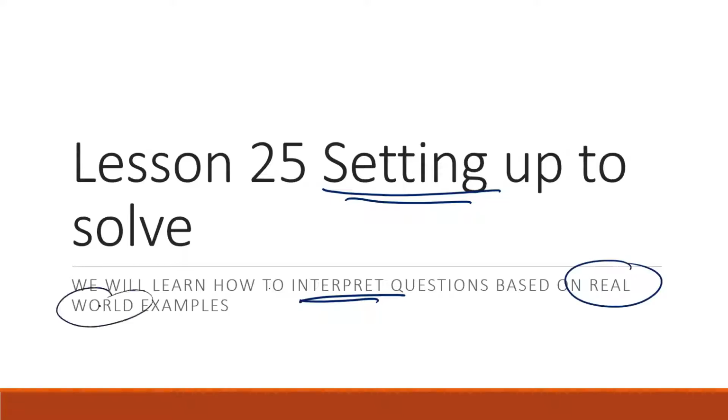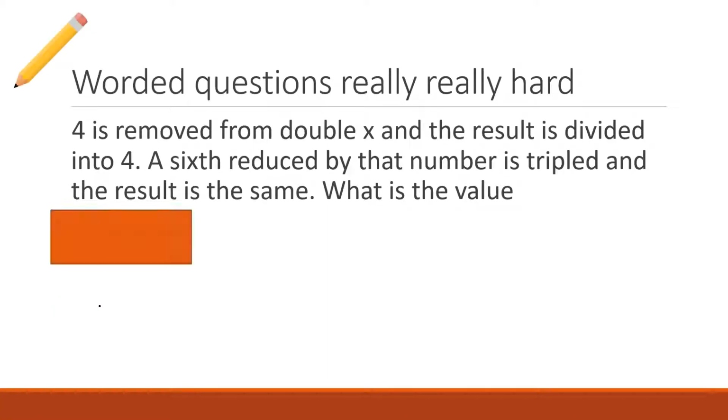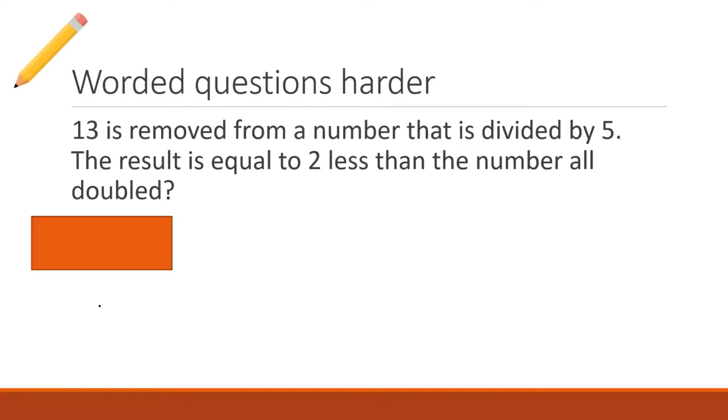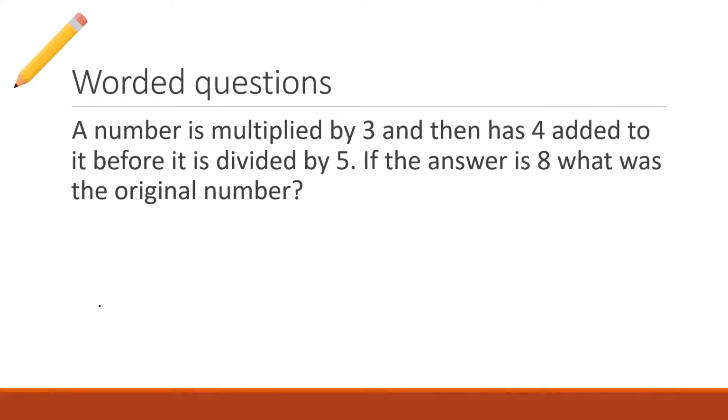Now the only difference here that I've tried to do is I've said real world examples. If we look back at these examples that I did here, a 4th is removed and a 13 is removed from a number. These are not really applicable to real world examples. These are just like algebra fun things.